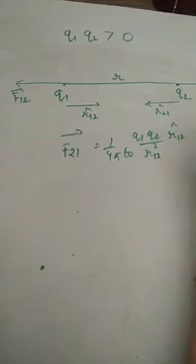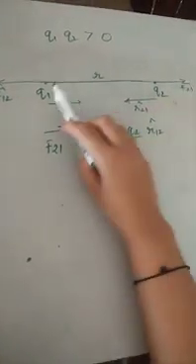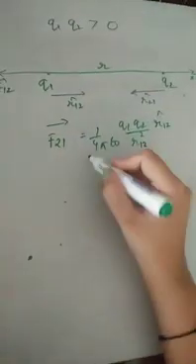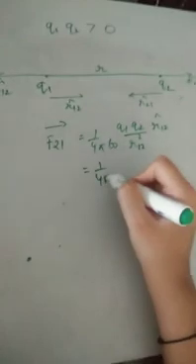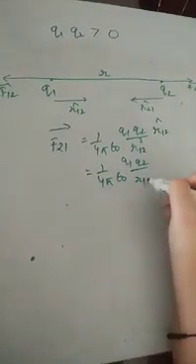Why have I chosen to write r12? Because this force is towards this side, that means pointing from q1 to q2. So I have taken r12 unit vector.